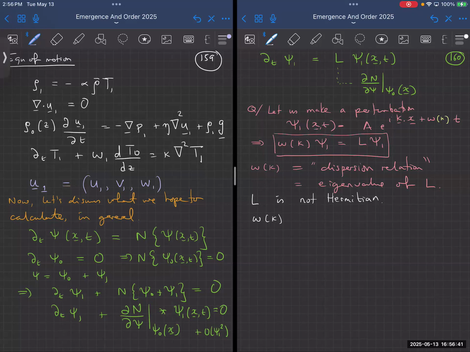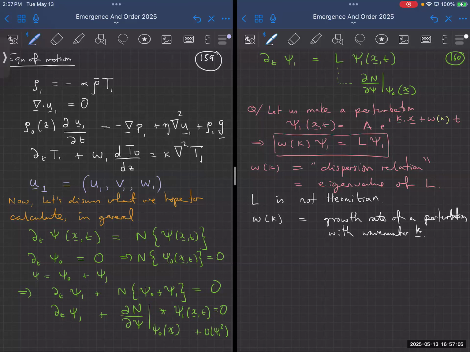Omega of k is the growth rate of a perturbation with wave number k.